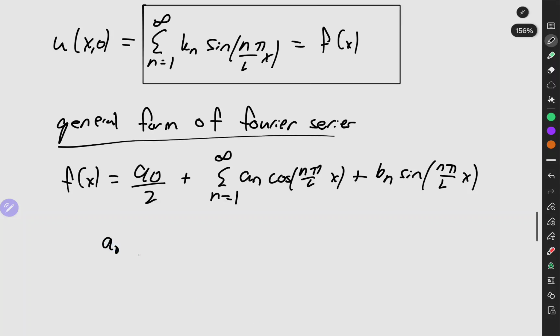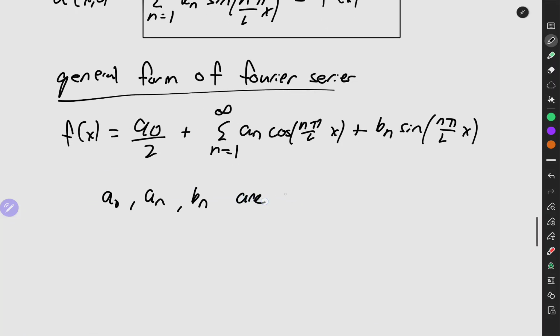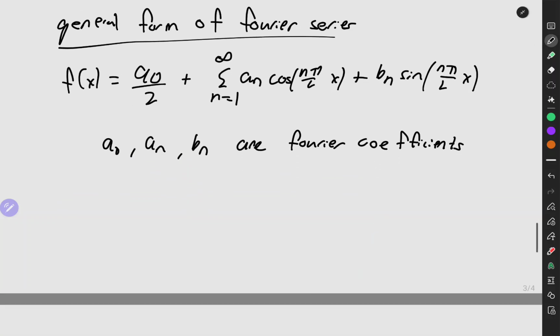So a naught, a sub n, and b sub n are known as Fourier coefficients. Now I already have a video out deriving these coefficients, but typically, we don't worry about that. We're just going to go right into memorizing them. So I highly recommend just memorizing these.